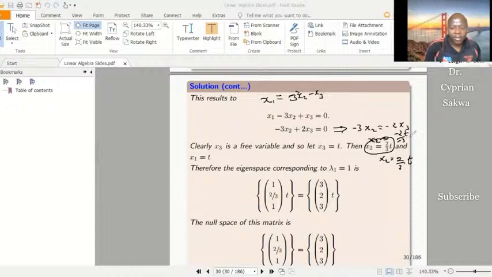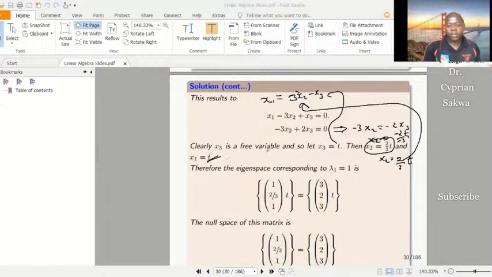But we know what x2 is, and we know what x3 is. So when you substitute them, you substitute x2 here, you will find 2t, and this one is t. So when you subtract, you find t. That's why I wrote and said that x1 would be t.